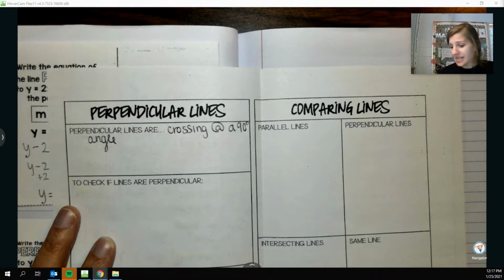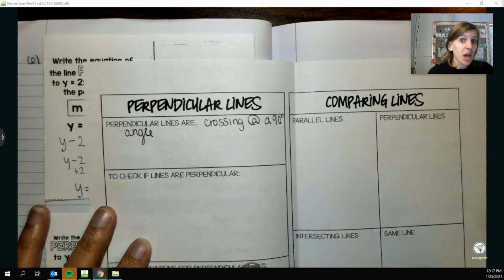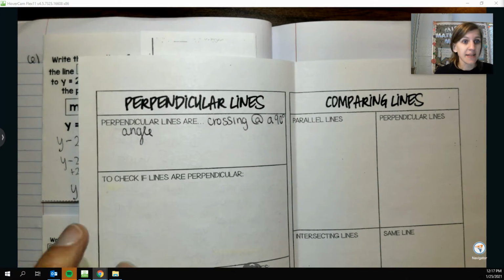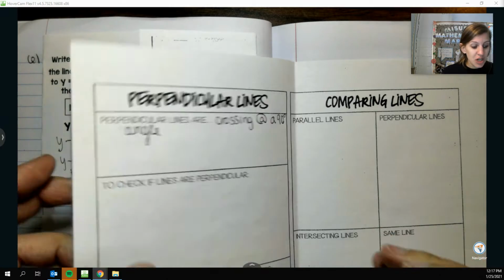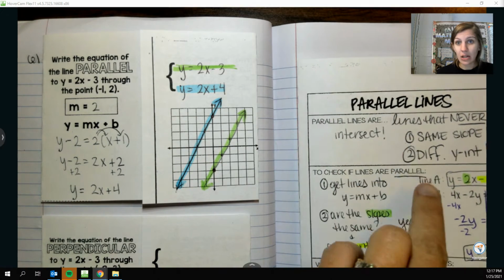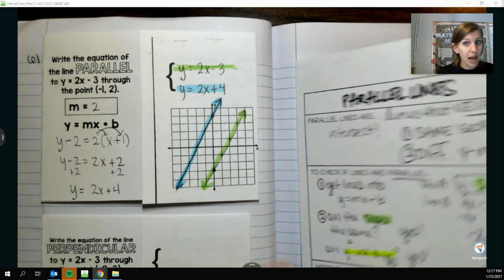Now the thing is, we're not going to use measuring tools to see if that's 90. So more importantly, for our purposes, when we're trying to figure out if something is perpendicular or not, just like we did for parallel, we're going to want to take a look at the slope and the y-intercept.